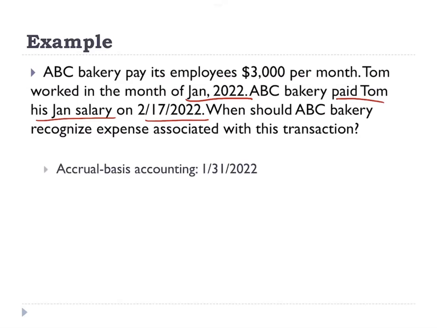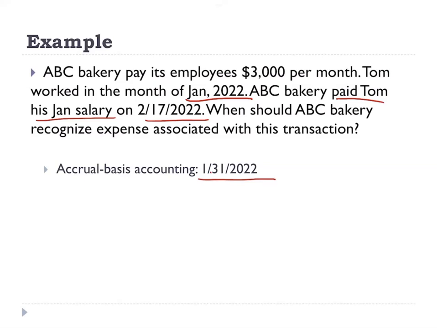According to accrual-based accounting, ABC Bakery should recognize it on January 31st. The reason is that Tom performed service for ABC Bakery in January, and the service Tom performed helped ABC Bakery to generate revenue for the month of January.